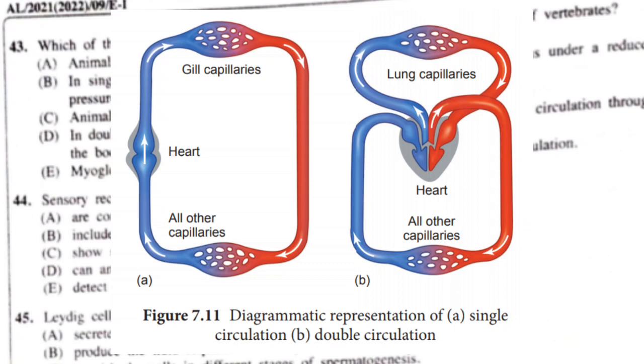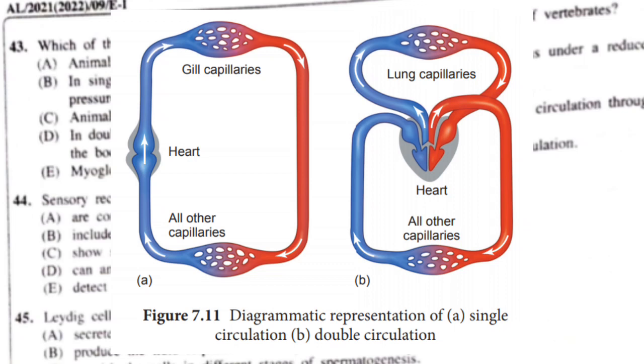One is the body capillary network and the other is the gill capillary network.